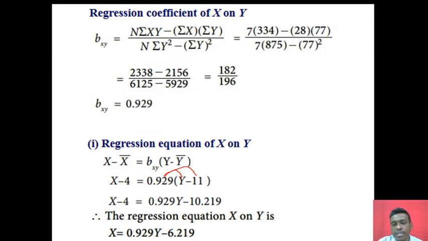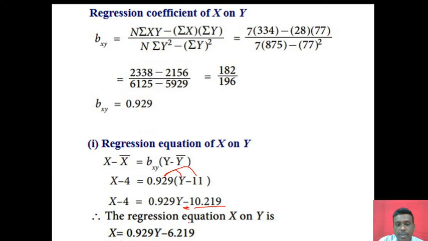Plus into plus is plus 0.929y, plus into minus is minus here. Then 0.929 into 11 is 10.219. I am multiplying this into this, multiplied by this into this. This is known as opening the brackets.